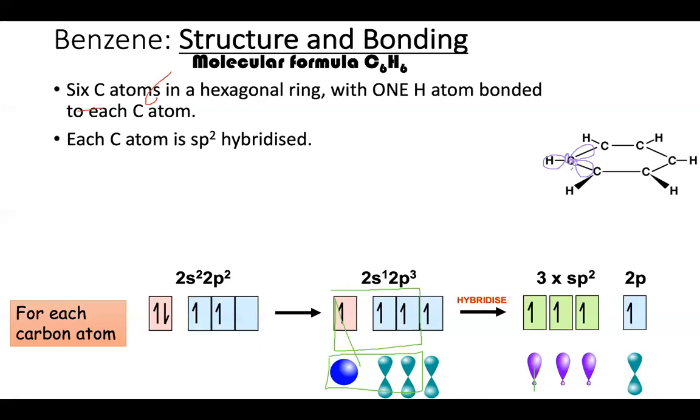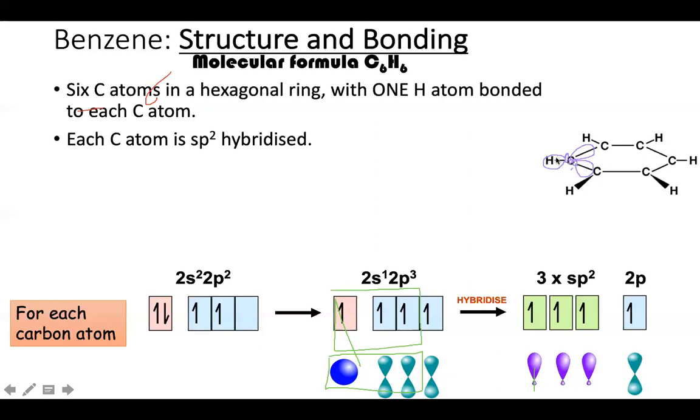The sp2 orbitals are the ones that will be involved in a sigma bond. The easiest way to identify a sigma bond is that it is a single bond. So my purple sp2 orbitals will be involved in sigma bonds. Carbon with hydrogen is a sigma bonding, or sigma overlap.